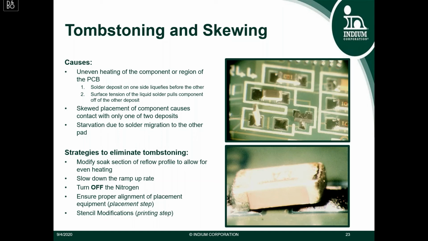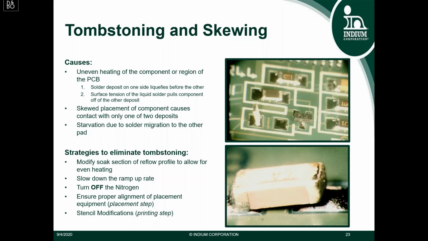And here's an interesting one, turning off the nitrogen. If you are reflowing in a nitrogen atmosphere compared to an air atmosphere, it will promote faster wetting. When you're tackling tombstoning issues, you want to decrease the wetting speed.